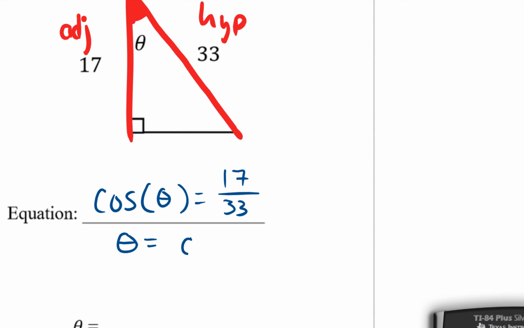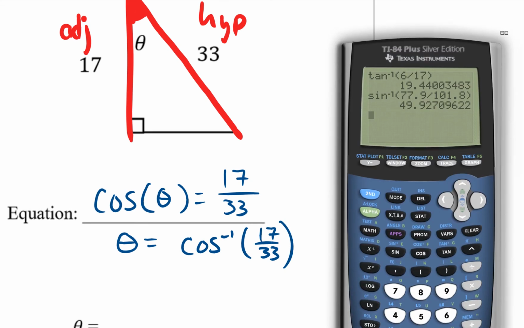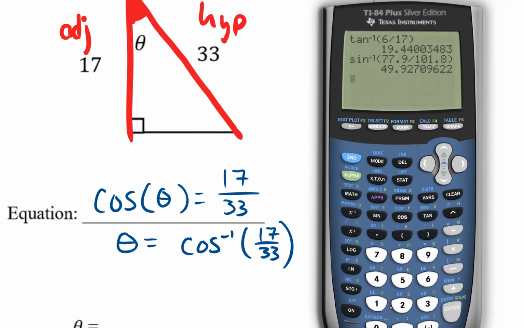And on the right-hand side, I have the inverse cosine of 17/33. So let's quickly evaluate that. This is our final one for this question. So second, inverse cosine, 17 divided by 33. And when I do that, I get about 58.99.